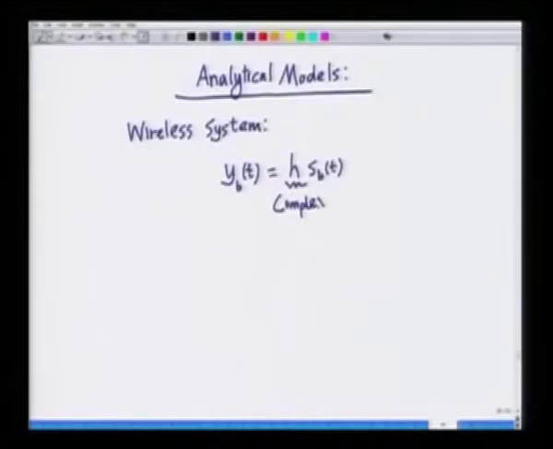We can call it the complex fading coefficient. This is the complex fading coefficient, fading because this is what results in the fading nature of the received signal at the receiver.